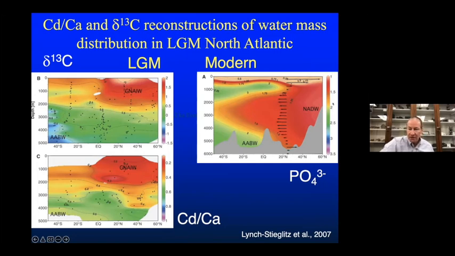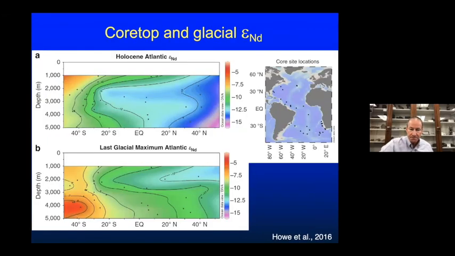Here's what the Atlantic looks like today, and here's what it looks like in carbon isotopes and in cadmium at the last glacial maximum, with this very expanded so-called AABW, Antarctic Bottom Water, that is carbon rich and sufficiently dense that it would not mix up. It would hold the carbon that the biological pump is moving there.